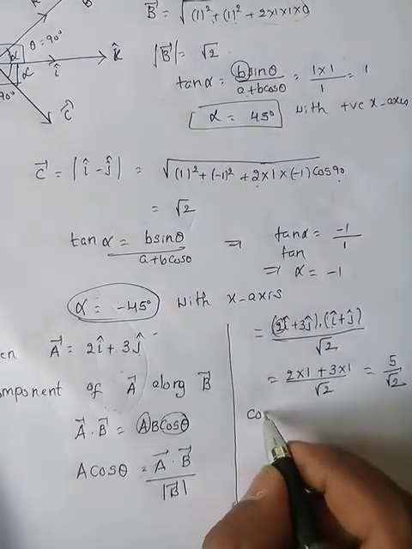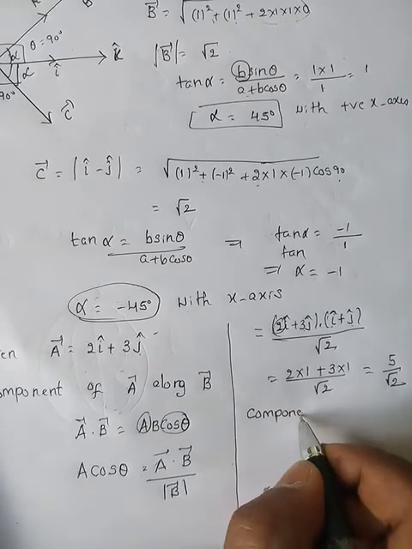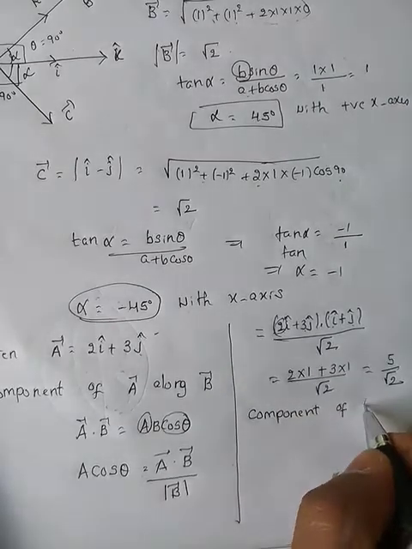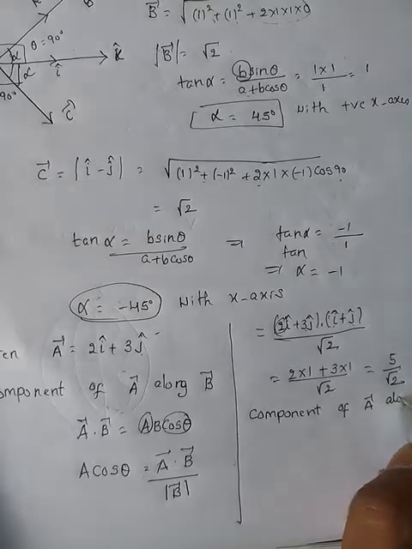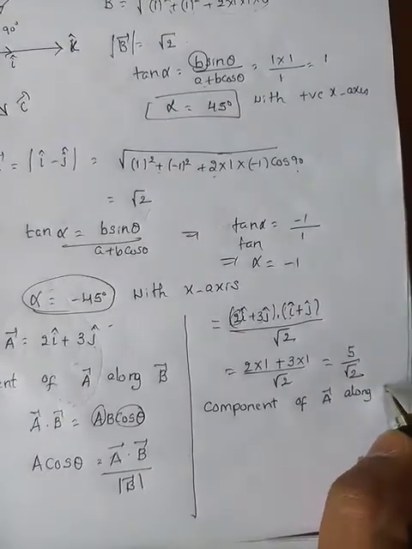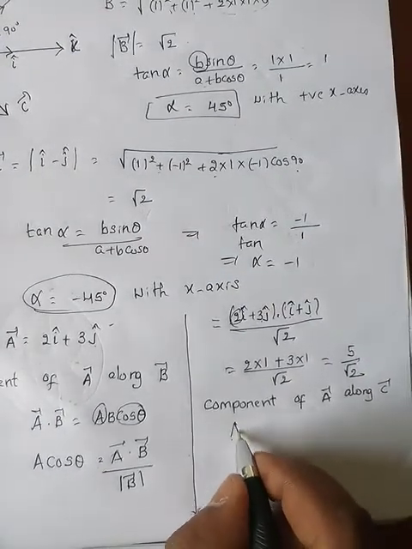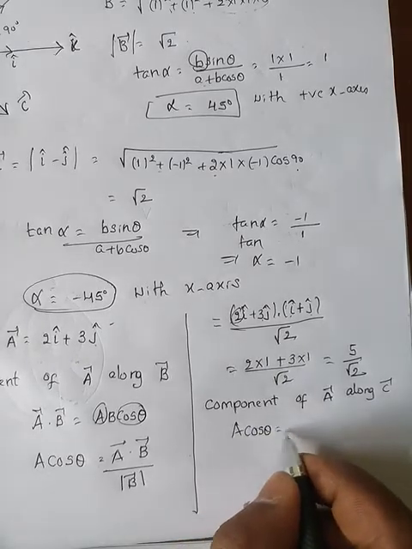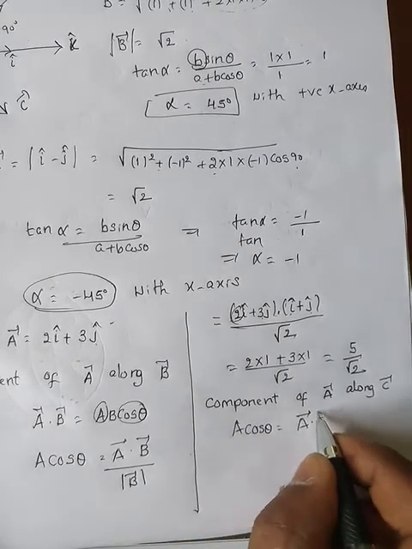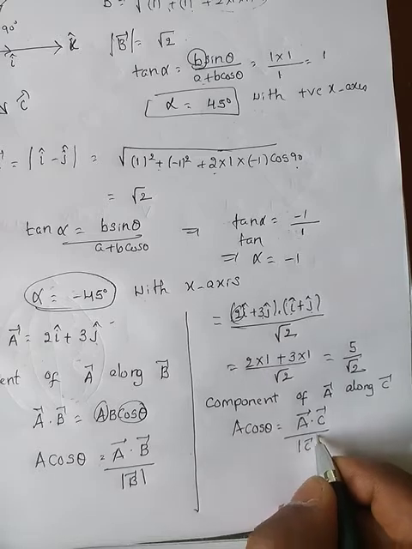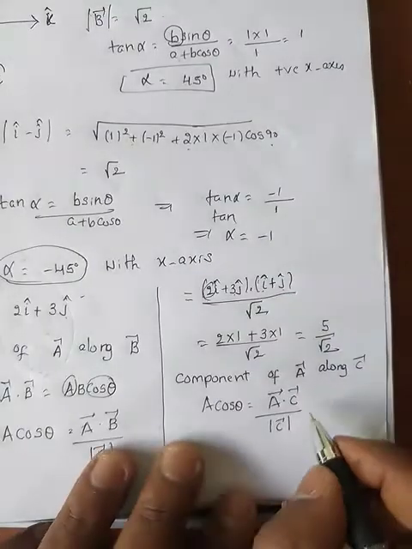In a similar way, the component of A bar along C bar. Same way we can write, right? A cos theta is equal to A bar dot C bar by modulus of C bar.